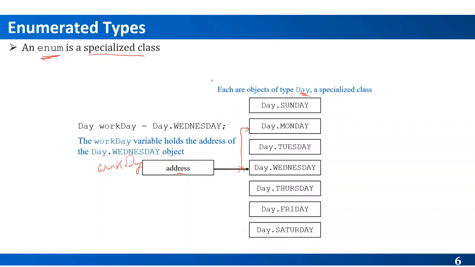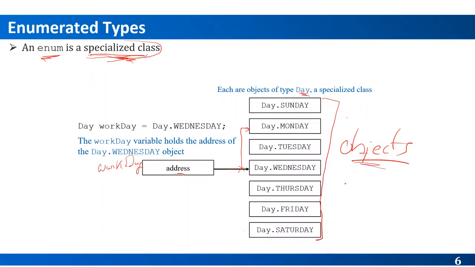The reason why I'm saying you can consider it as a specialized class is that this automatically makes these objects. So if enum is a specialized class, then this means the class members are actually objects.